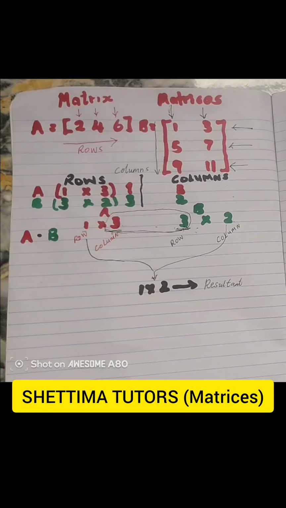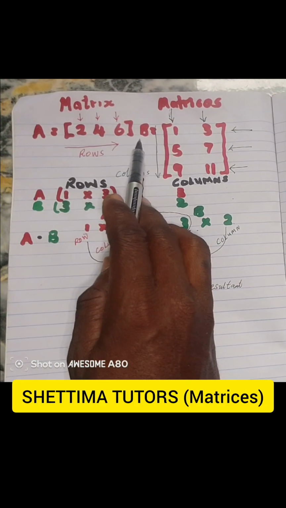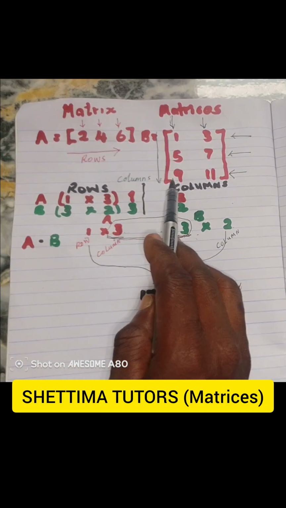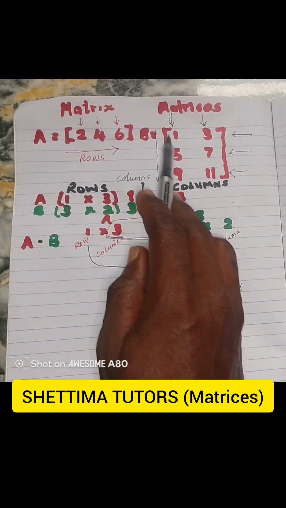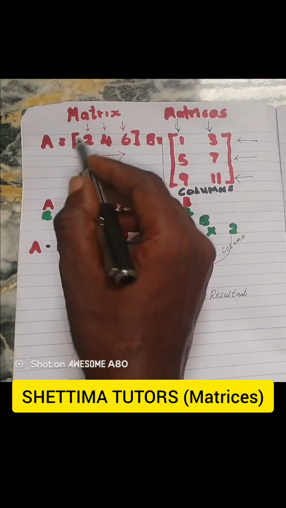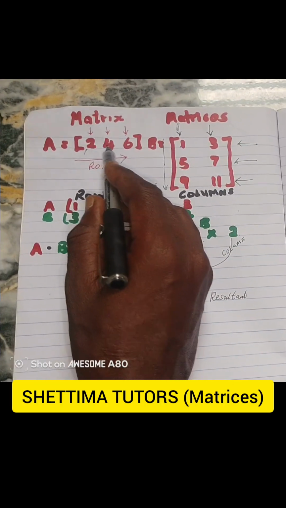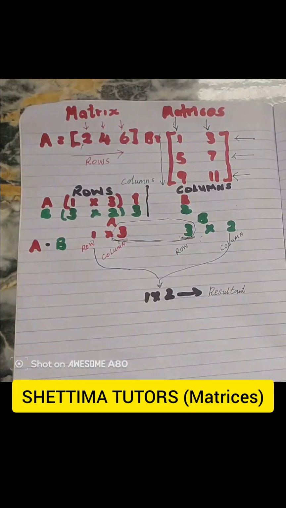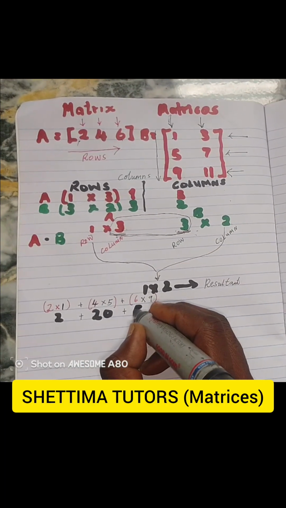To multiply these matrices, you pick the numbers in the first row and multiply them by the numbers in the first column. This times this. You start with 2 times 1, plus 4 times 5, plus 6 times 9. 2 times 1 is 2, 4 times 5 is 20, 6 times 9 is 54.